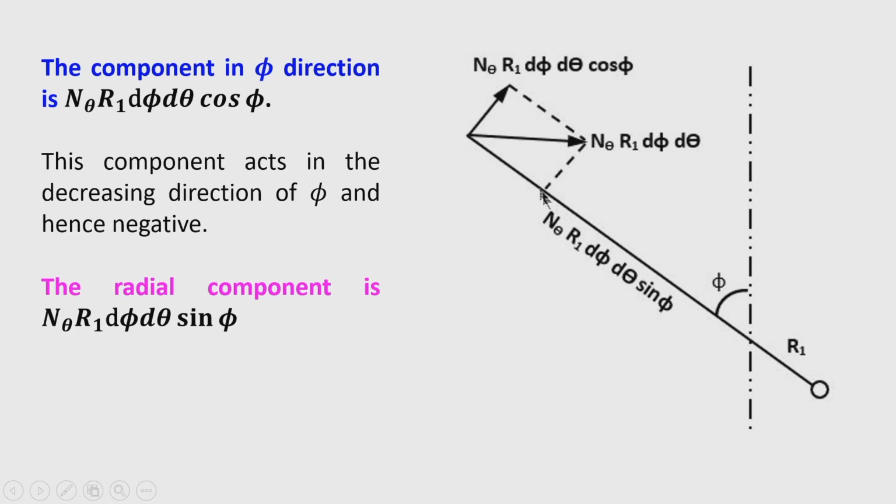So, two components we have got, and we will take them when forming the summation of the forces along the respective direction. So, along the phi direction the component is n theta r 1 d phi d theta cos phi. In radial direction it will be n theta r 1 d phi d theta sin phi.